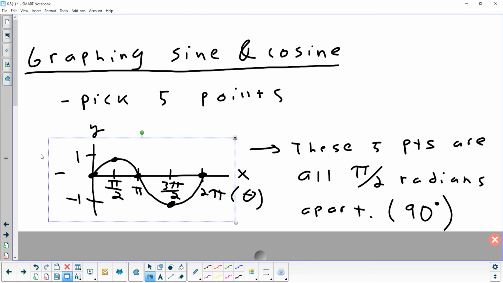The beginning, the end of the first quarter, the second quarter, the third quarter, and the fourth quarter. So by finding those 5 specific points, it really gives you everything that's important. It gives you all the x-intercepts, it gives you the high, and it gives you the low.